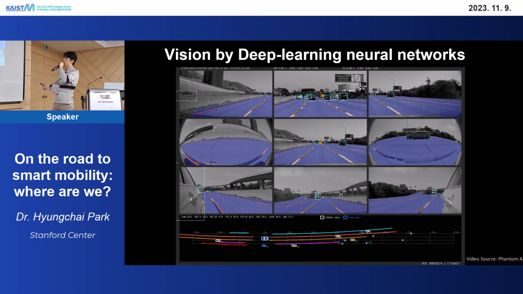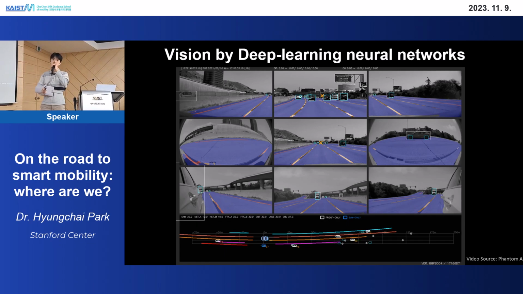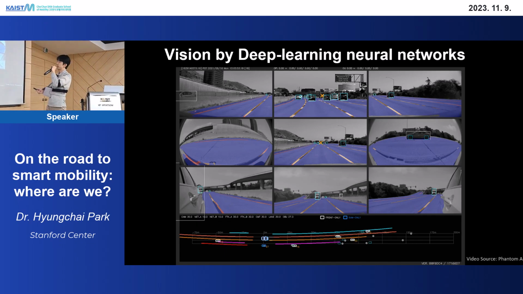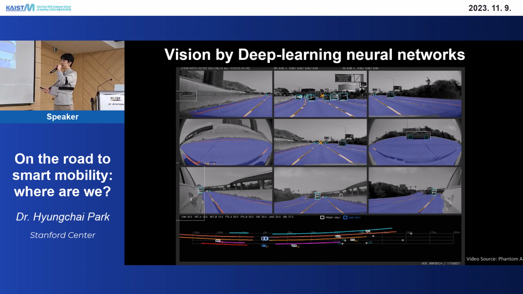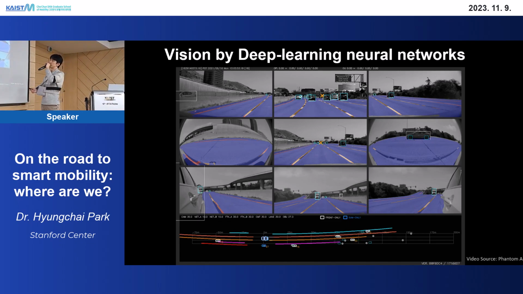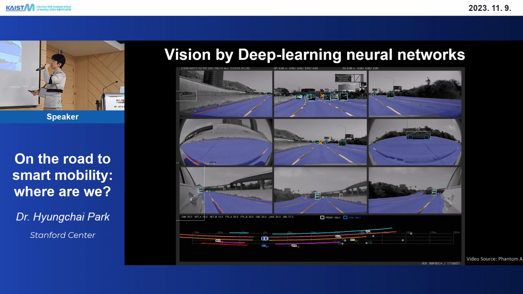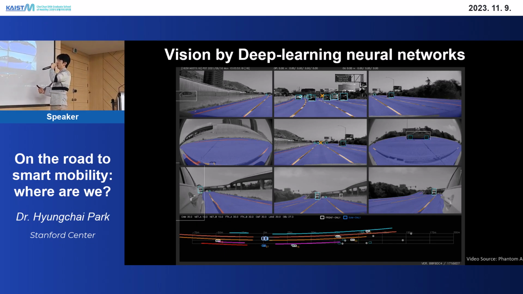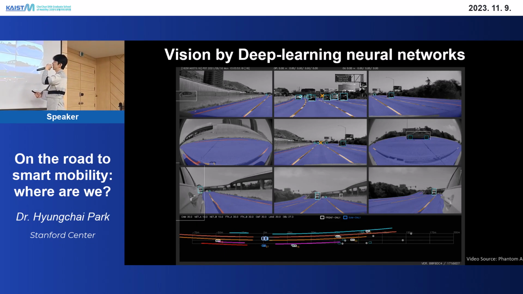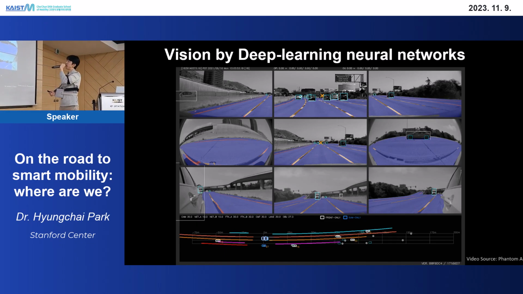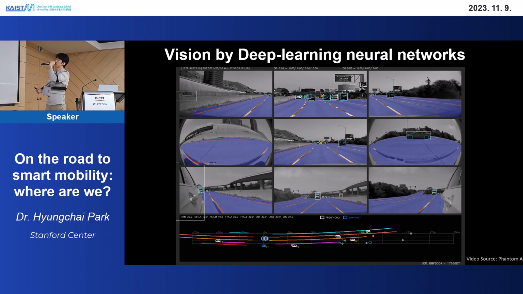We installed a total of 8 cameras all around the vehicle, and then analyzed the environment using deep learning neural networks. As you can see, the purple areas mean drivable area, the orange colors mean the lanes and road edges, and the 2D boxes in cyan color mean the detected vehicles.